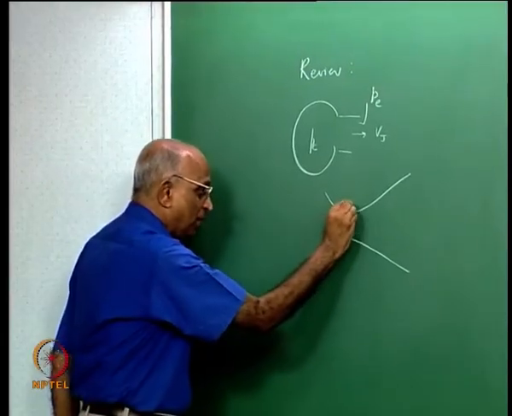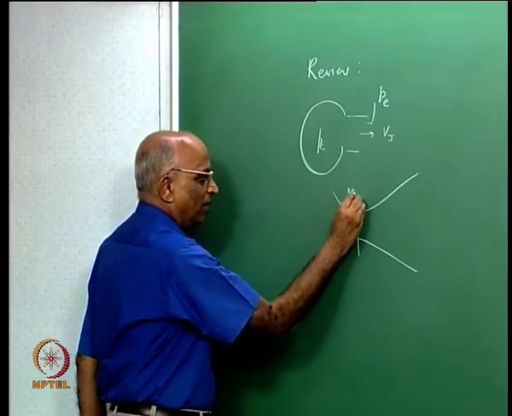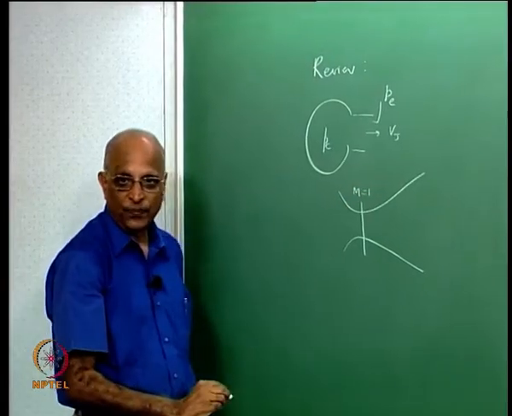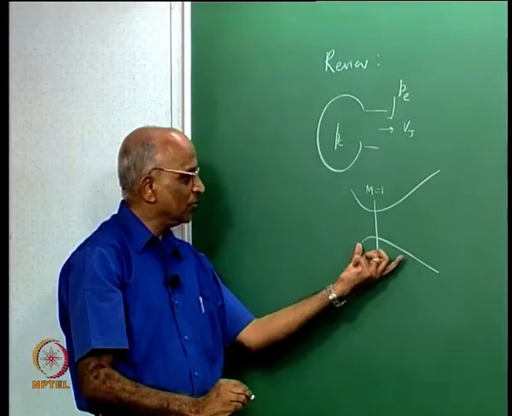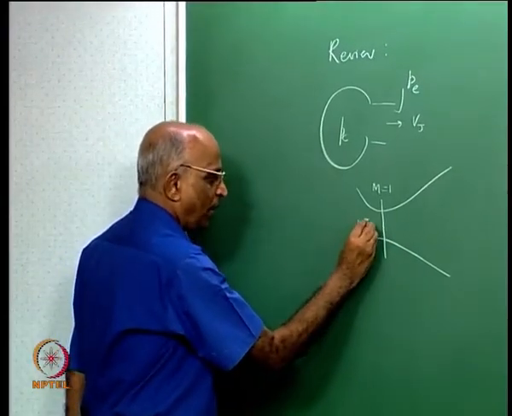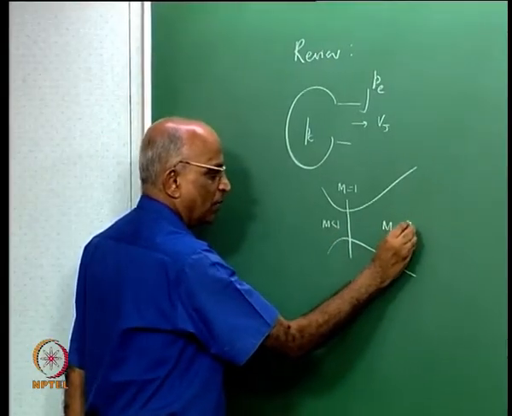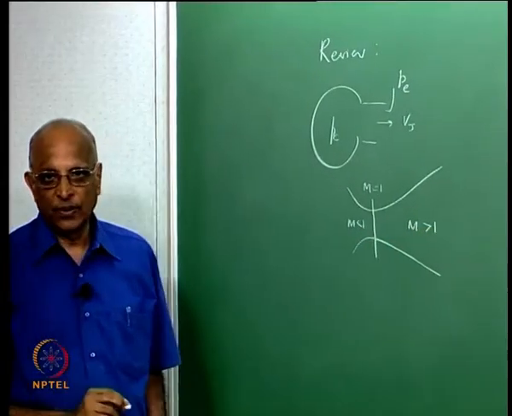And we also put a condition that the minimum area, which we called a throat, should have a Mach number equal to 1. We called this a de Laval nozzle or a convergent divergent nozzle. In the convergent part the Mach number was less than 1, in the divergent part the Mach number was greater than 1, right.